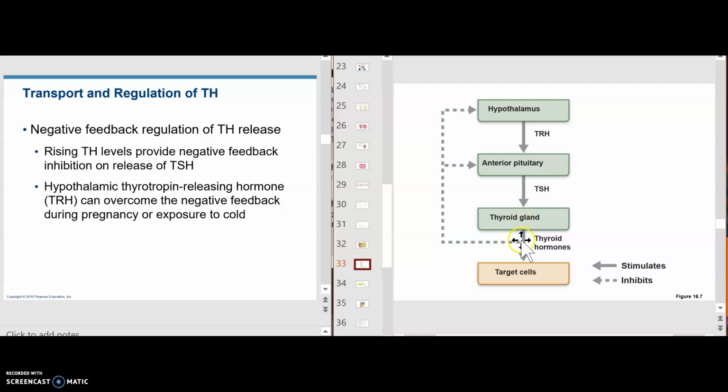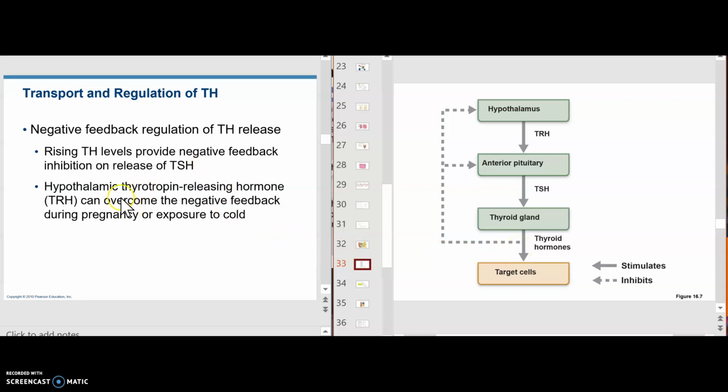Thyroid hormone then is released into the bloodstream, goes to the target cells. We just showed how that would occur in the target cell, ultimately binding to the DNA. But what we're showing is the feedback, that this feedback keeps it in a relative concentration, properly positioned, homeostasis.